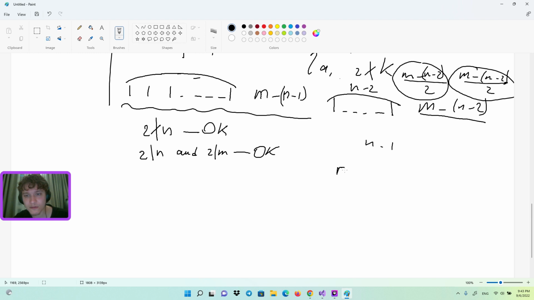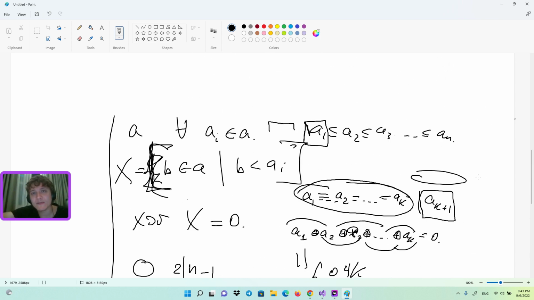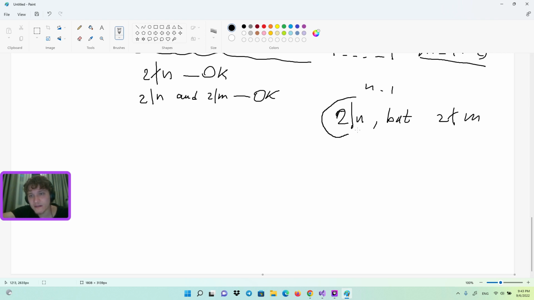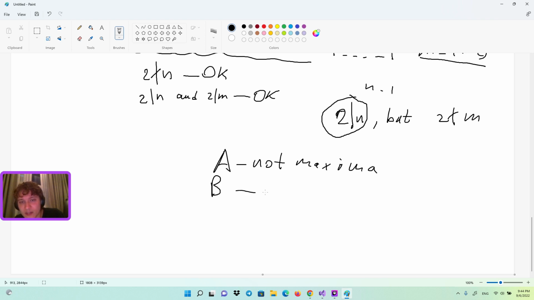But what if it is wrong? What if n is even but m is odd? Then we have a problem. Because look, as I said, all numbers except the maximum have an even number of occurrences. But since the entire sequence has even length, the maximum number also has an even number of occurrences. For example, let A be the number of non-maximums, and B the number of maximums.